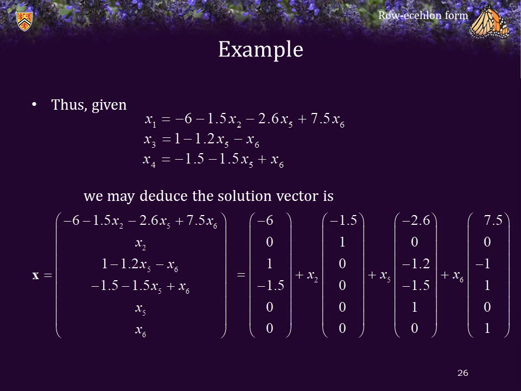The only vector that contains a non-zero entry at index 5 is the vector associated with x5, and the only vector that contains a non-zero entry at index 6 is the vector associated with the free variable x6. We'll discuss more on this later.